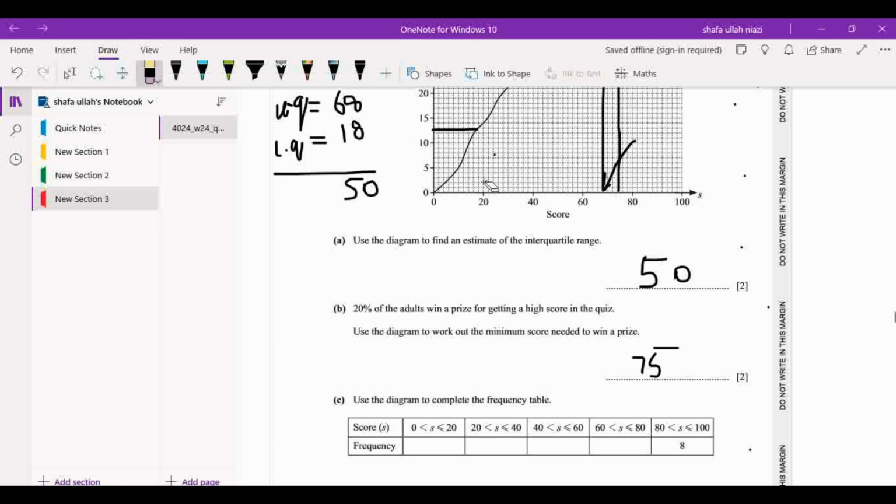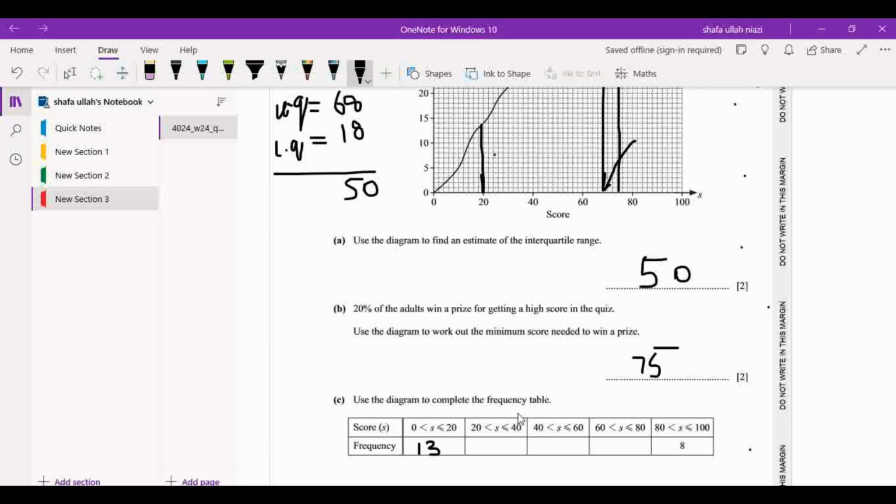Okay, where it cuts, this is almost 12 or 13. 20 is here, and this is 10, 11, 12, 13. So if I can write 13.